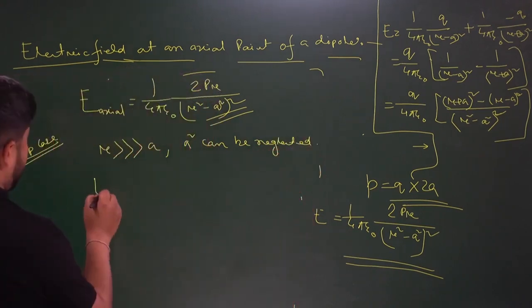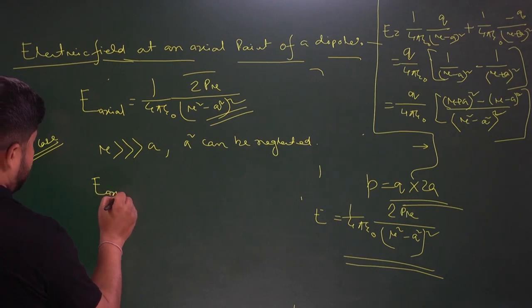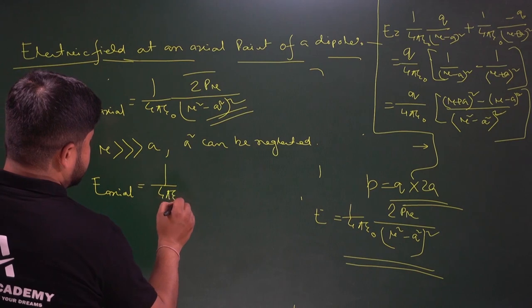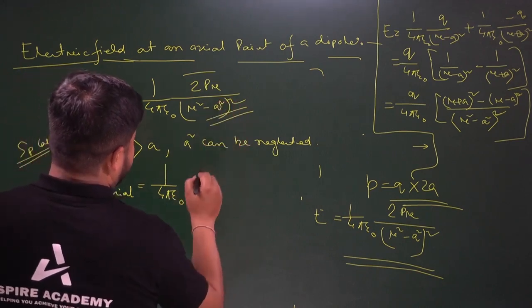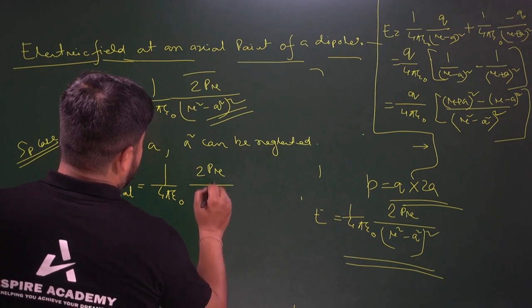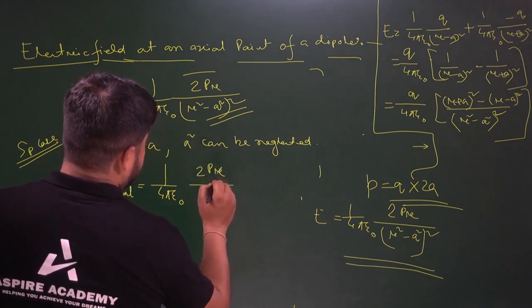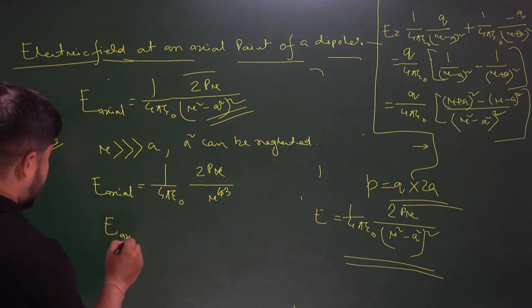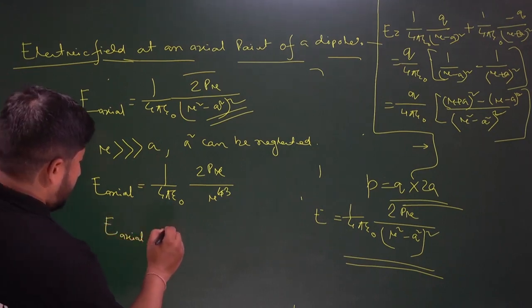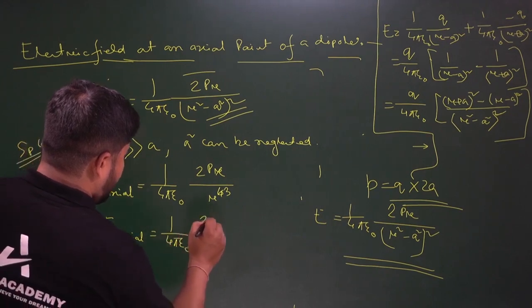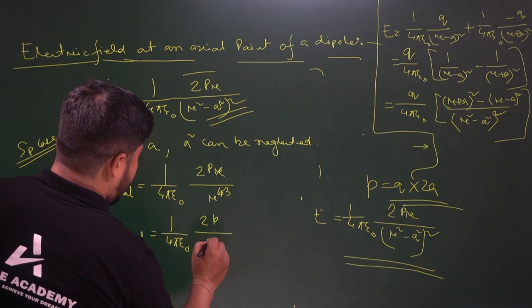So what is E axial now? 1 by 4 pi epsilon naught, with A square neglected, 2PR divided by R square whole square. R square whole square is R to the 4, one R cancels, giving R cube. E axial is equal to 1 by 4 pi epsilon naught, twice P by R cube.